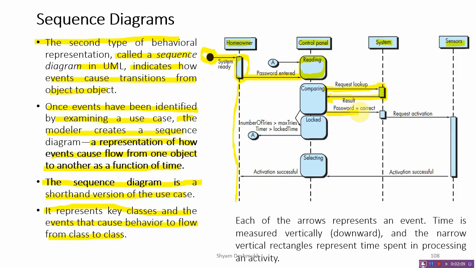If the password is correct, then again the control panel class sends a password correct event to the system, and the system sends an activation request to the sensor. Once the activation is successful, this is sent back to the homeowner class. So this is how basically this sequence diagram works.